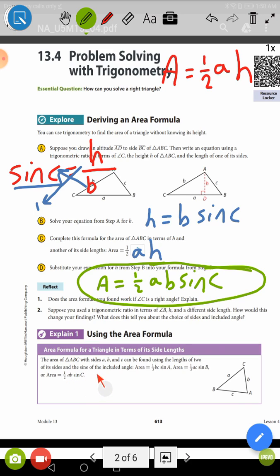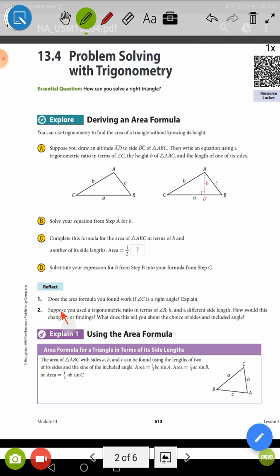Okay, that is where the rule comes from. Does the area formula that we wrote work if angle C is a right angle? Yes.